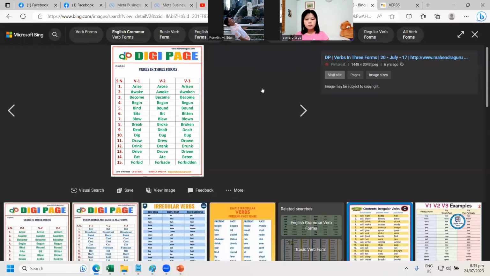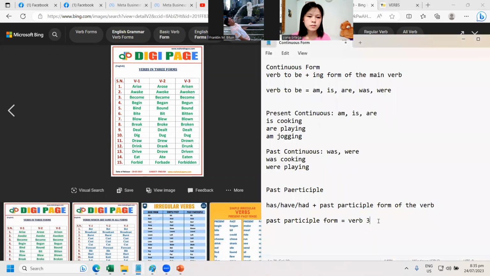Example here. This is the past participle form. Verb 1 is the present tense or the root verb, the main word. Verb 2 is what we call the past tense.